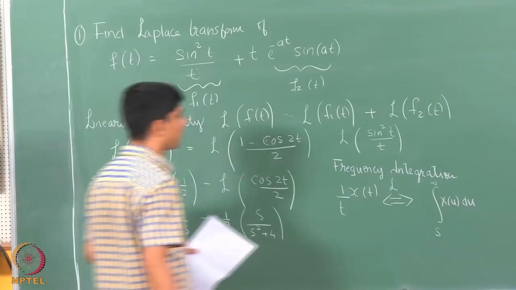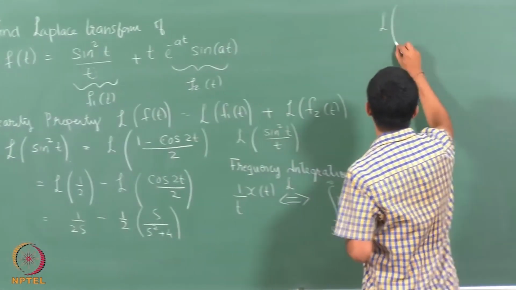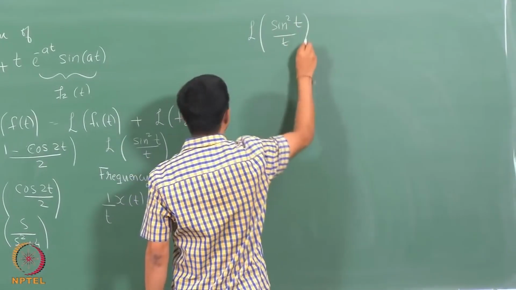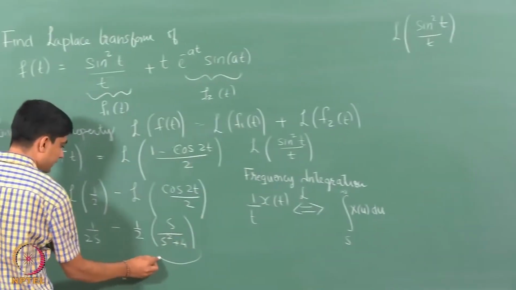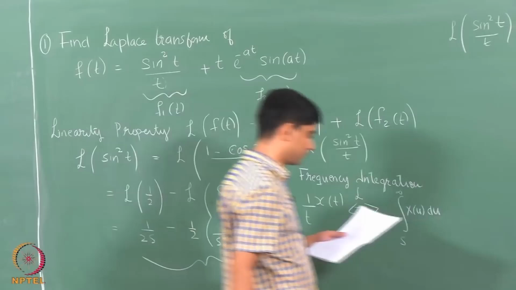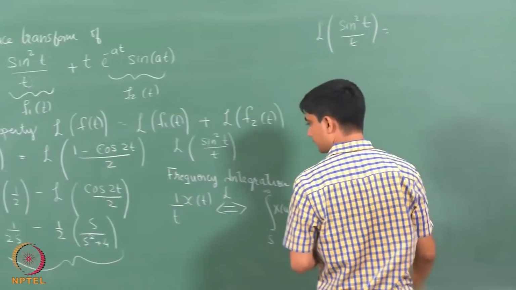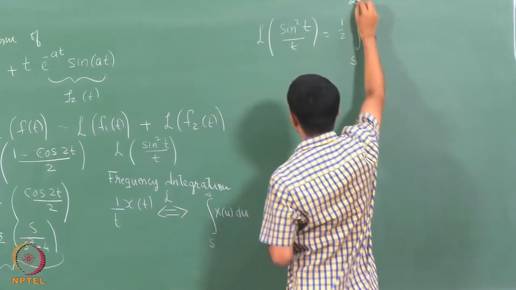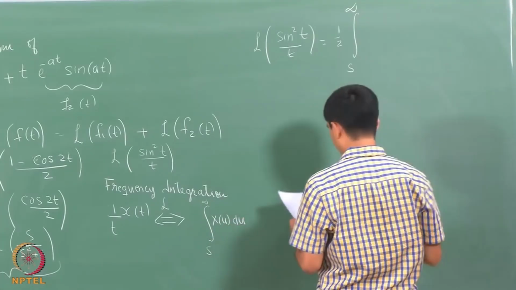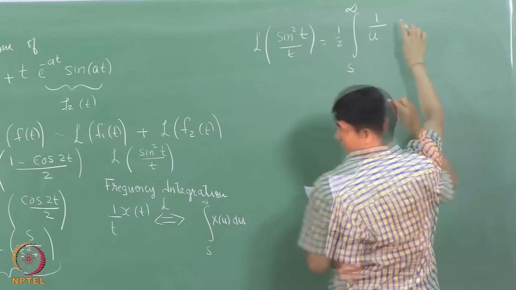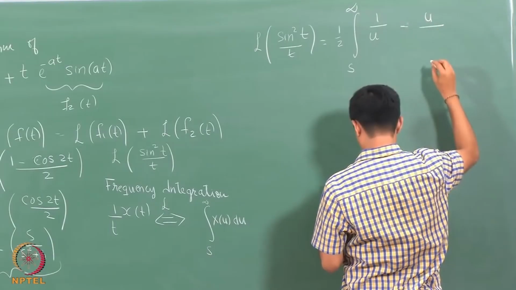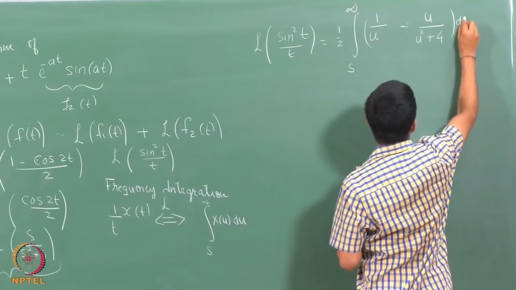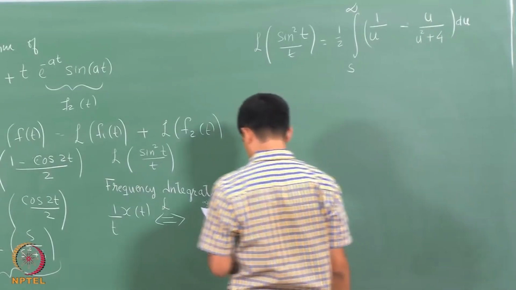Okay. And therefore, the Laplace transform of sine square t over t, given that the Laplace transform of sine square t is this, I just use the frequency integration formula. This would become 1 over 2 integral from s to infinity of 1 over u minus u over u square plus 4 du, right.